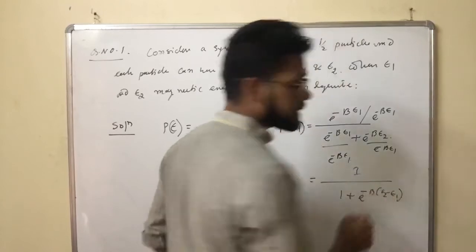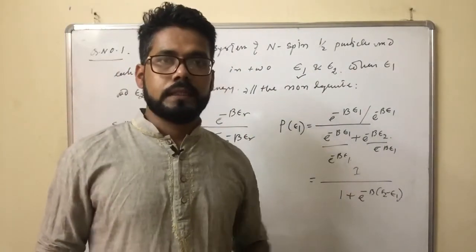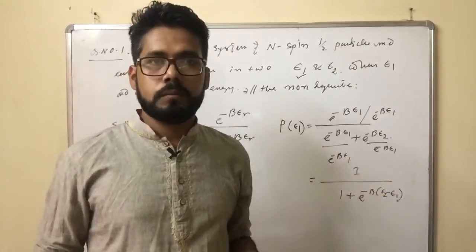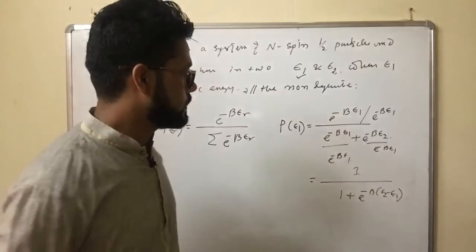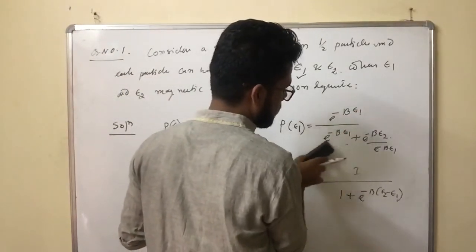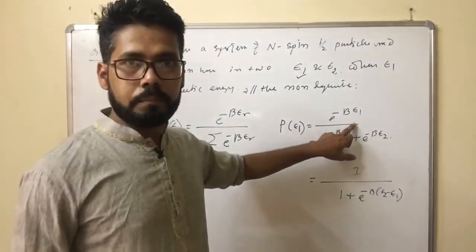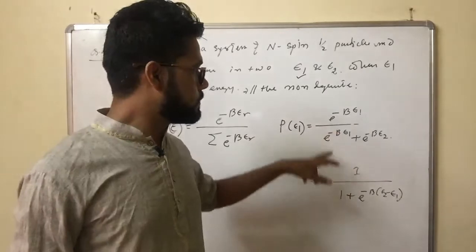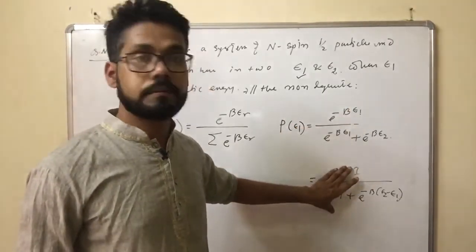In the exam, the NET exam, the question answer will be optional. But you may not find this type of formula in the answer sheet. So the exact answer is this one. But in the NET question paper, if you cannot find this answer, you will find this type of answer.